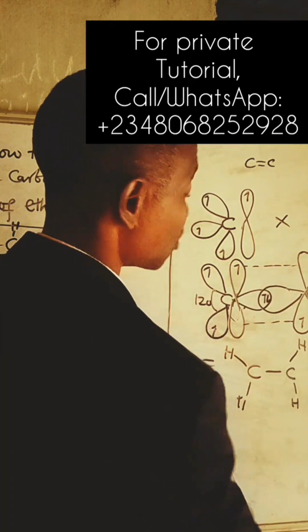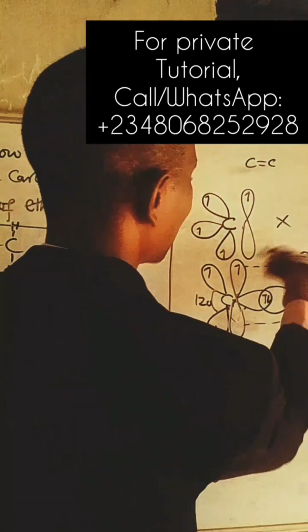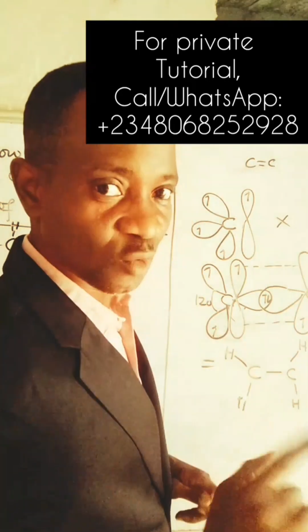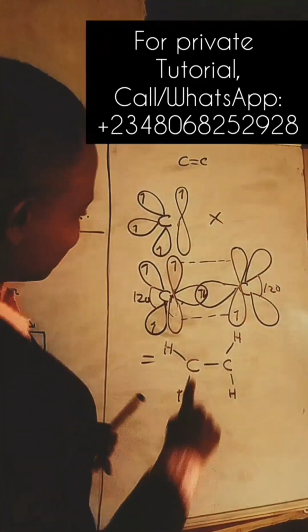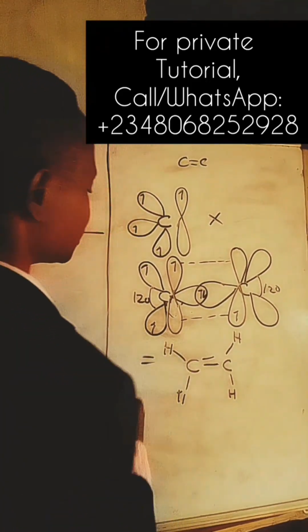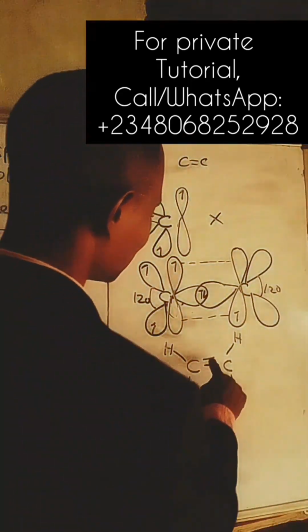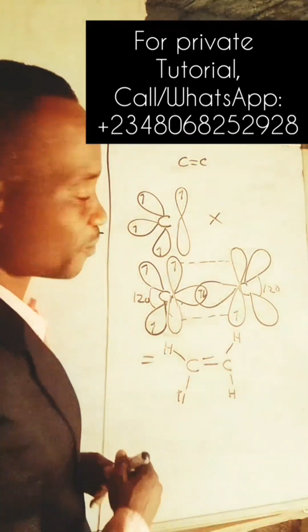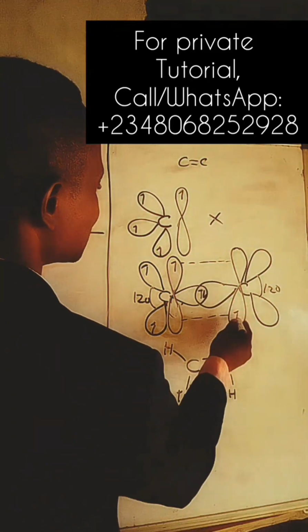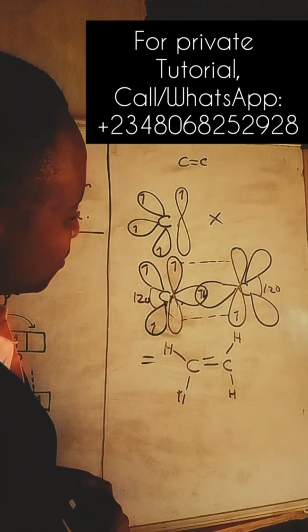The partial bond or pi bond formed by the unhybridized p orbitals is what contributes to the next bond, an additional bond here. That is why ethene has a double bond linking 2 carbon atoms. So the second bond there is as a result of the pi bond existing between the 2 unhybridized p orbitals.